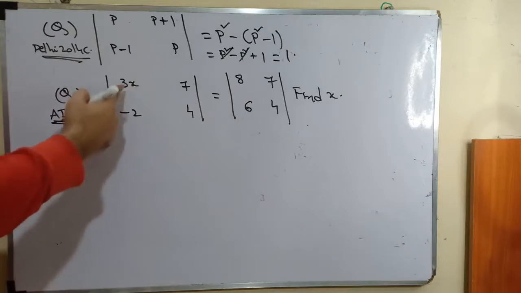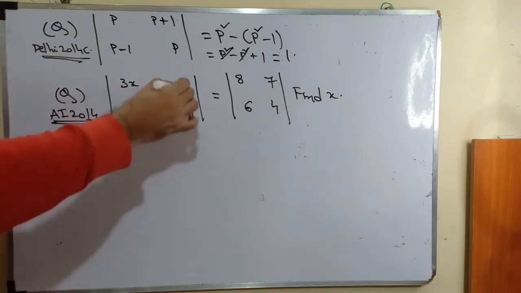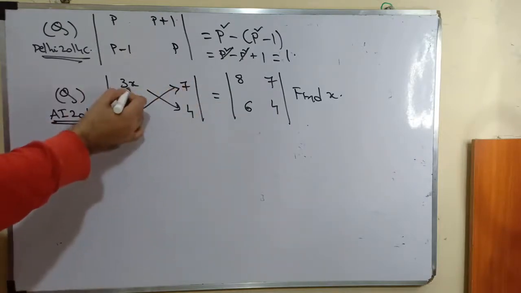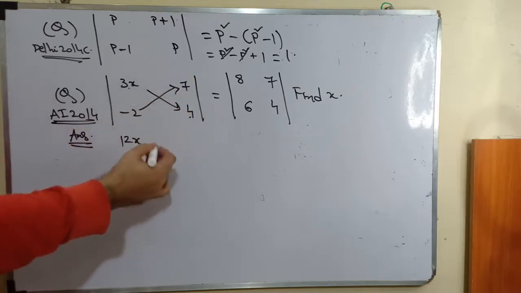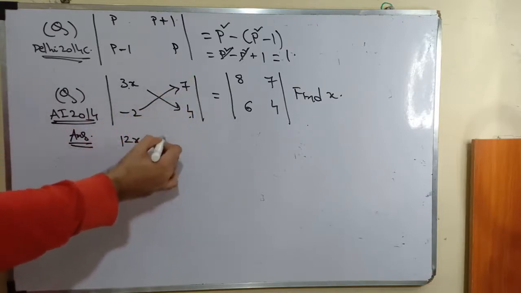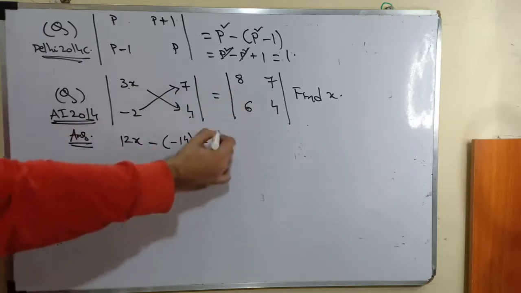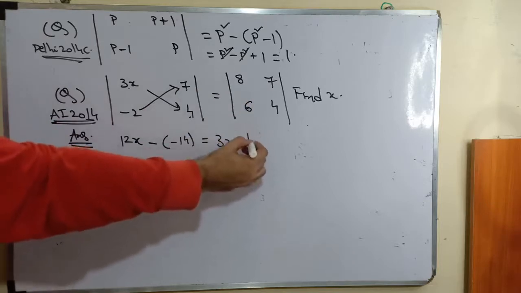So let's see this question. This is again the equating two determinants type question, and we have to find the value of x. 3x into 4, that is 12x, minus 2 into 7, that is minus 14, minus of minus 14, which is equal to 8 4s are 32 minus 6 7s are 42.